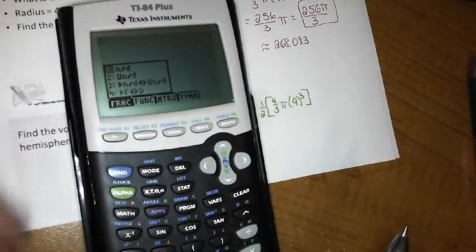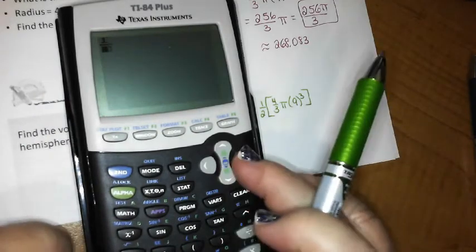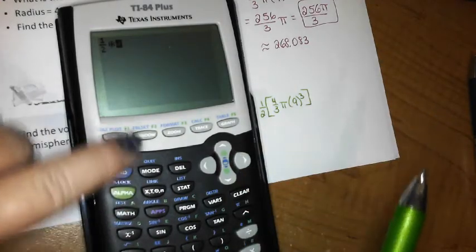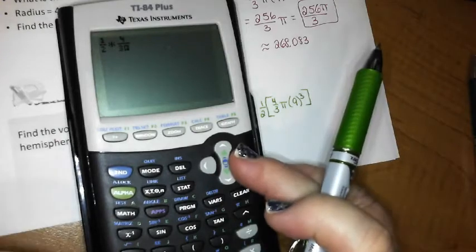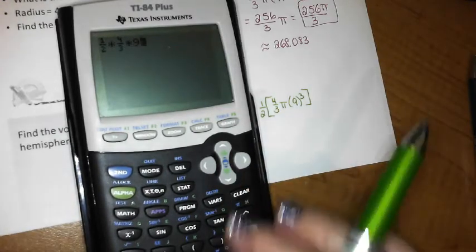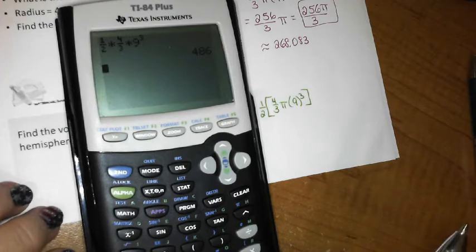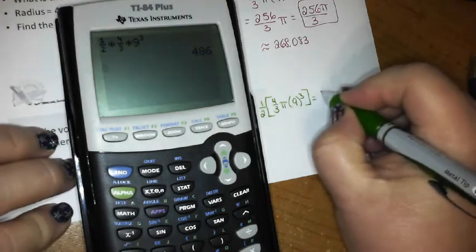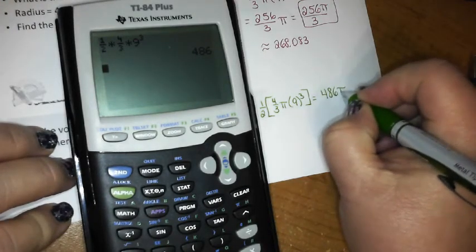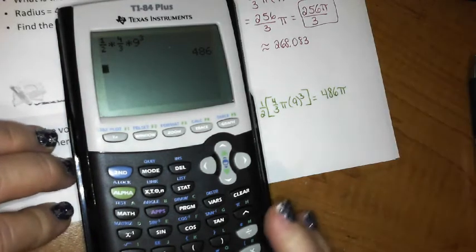So here's, if you like the fraction button, that's a good one to use here. 1/2 times 4/3 times 9 to the 3rd power. And that gives me 486 pi. Just don't forget when you're in terms of pi to put that pi at the end.